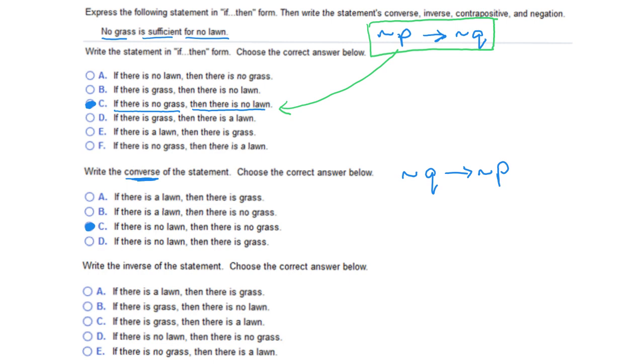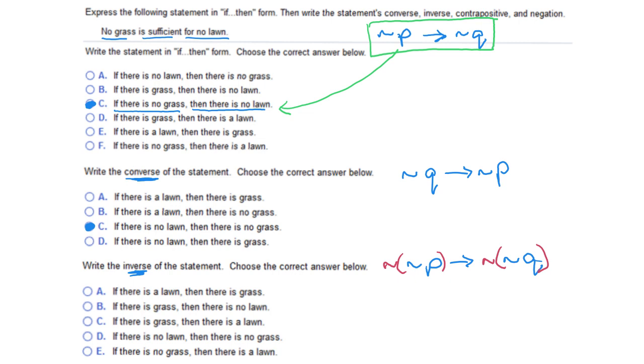Next, we're going to take the inverse. And for the inverse of a conditional, you leave everything as is. You just do the opposite of. So in this case, for the original statement, if not P, then not Q, we take the negation of both sides.